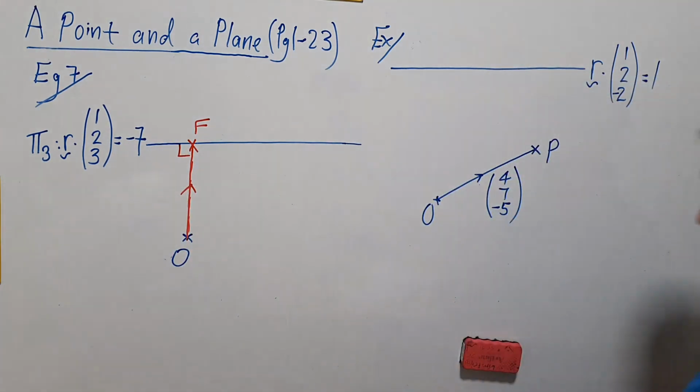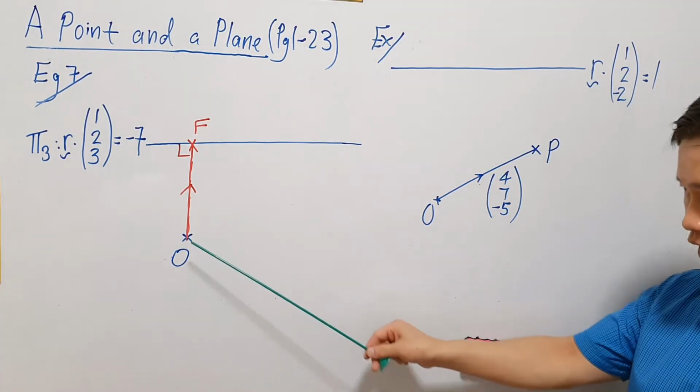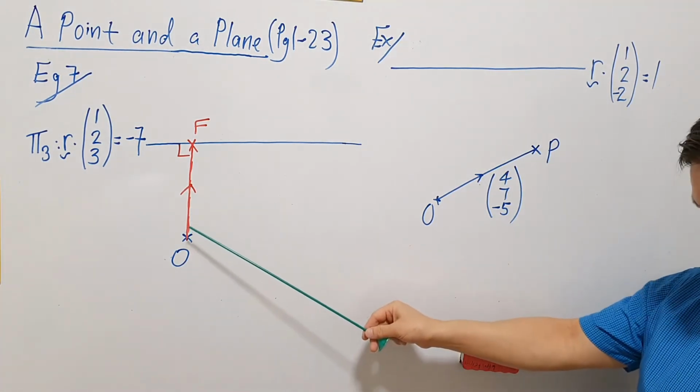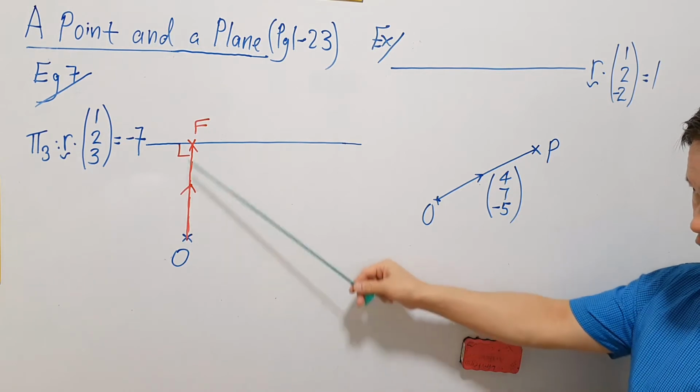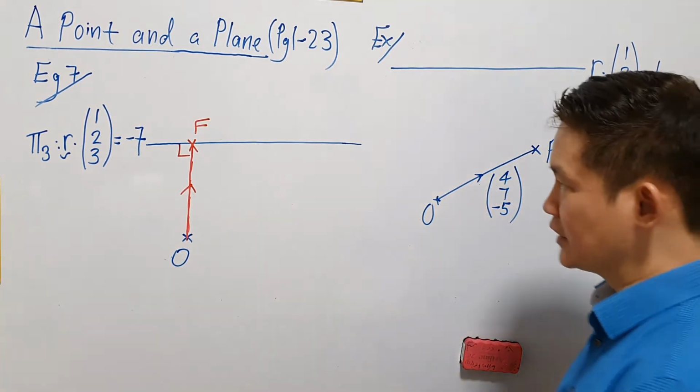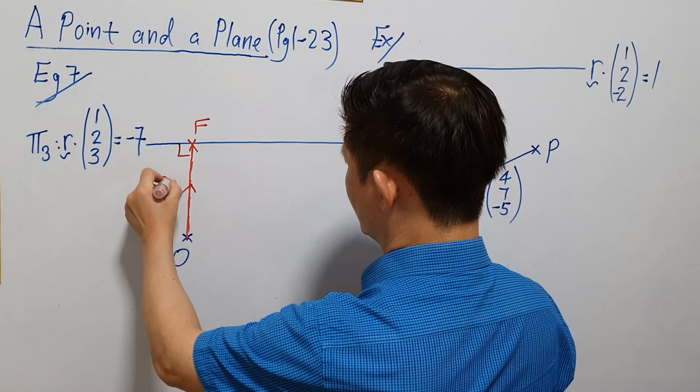Geometrically it looks like this. In this case, it's from the origin to the plane. So the vector that you intend to find is actually this vector OF.